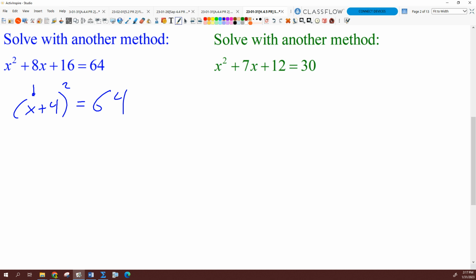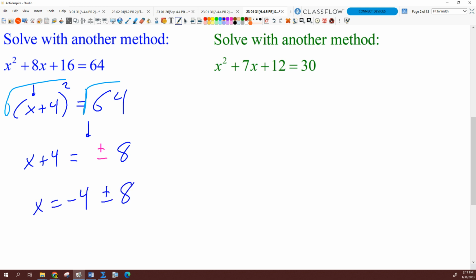So what would my first step be to isolating x? Square root. Okay, so if we square root both sides, I'm going to get x plus 4 equals plus or minus 8. Okay, and then last step. Where do I put the negative 4? In front. Okay, so we end up with x equals negative 4 plus or minus 8.